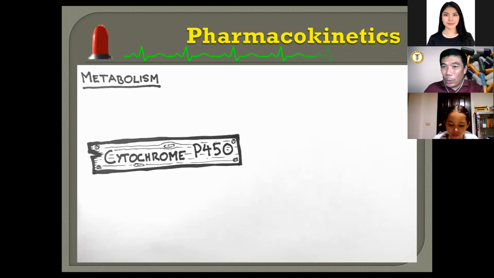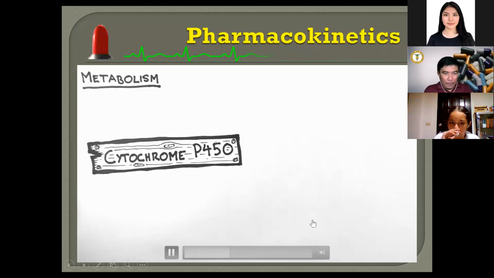There's a different cytochrome that metabolizes alcohol, and a different cytochrome that metabolizes fats. That's why the cytochrome present in the liver is very important for metabolism. So for drug metabolism, cytochrome P450 is the one responsible.